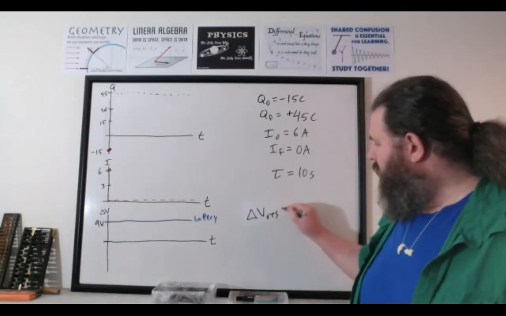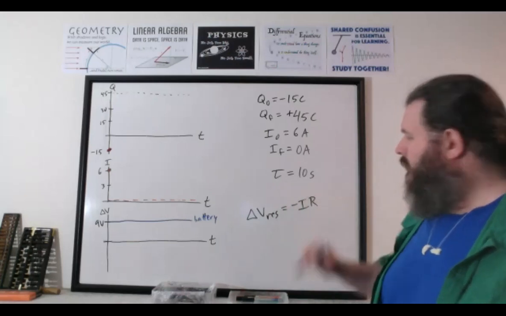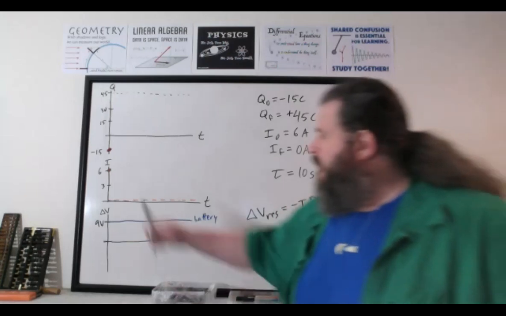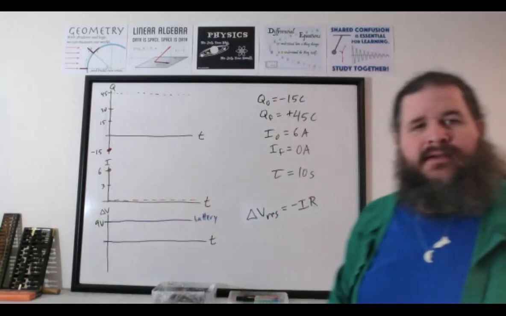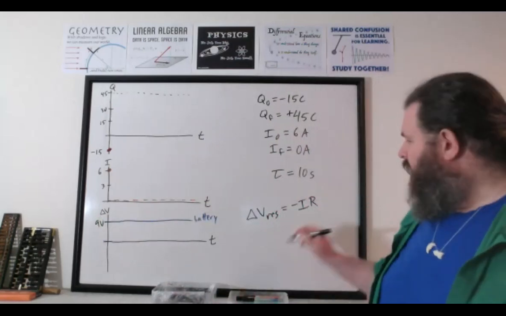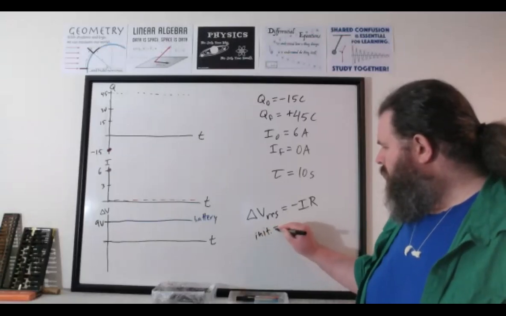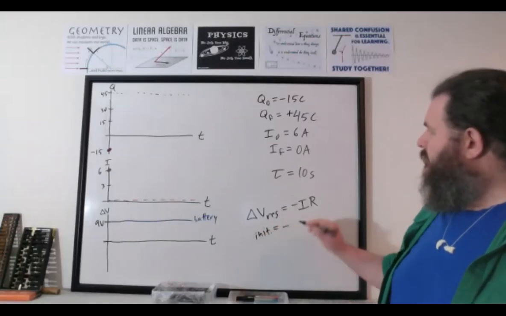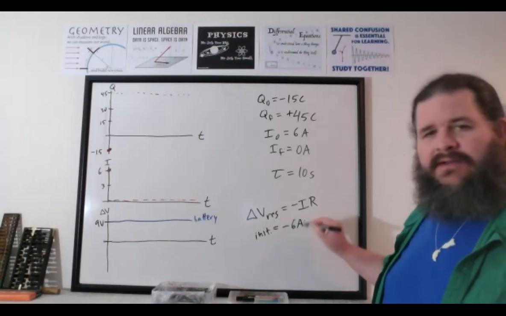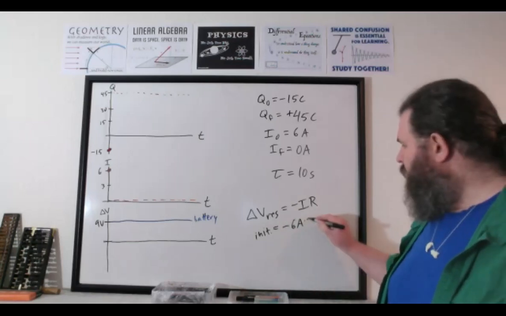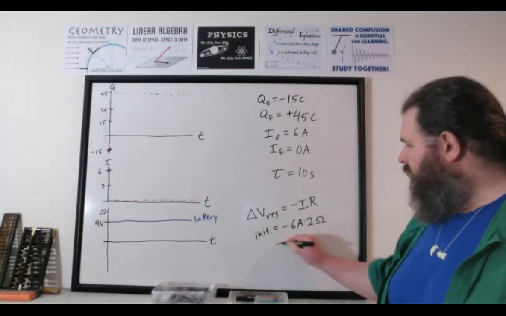Delta V resistor is just the usual negative IR. At the beginning, the resistor had 6 amps of current, and that was a 2 ohm resistor. So we'd have negative 6 amps for the current and 2 ohms for the resistance.